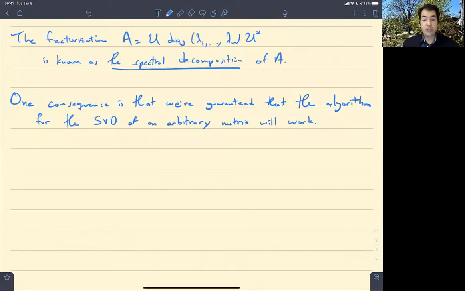Remember, there's a step in the algorithm for finding the singular value decomposition where you need to find an orthonormal basis of AA star or A star A. And because those matrices are self-adjoint, we're now guaranteed that there is an orthonormal eigenbasis.